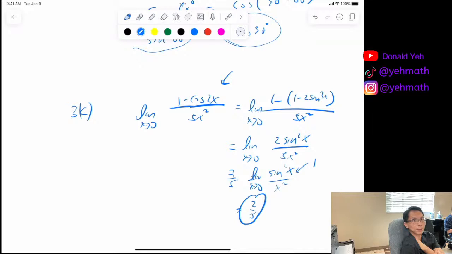No, it's positive because distributing a negative sign, negative times negative is positive.